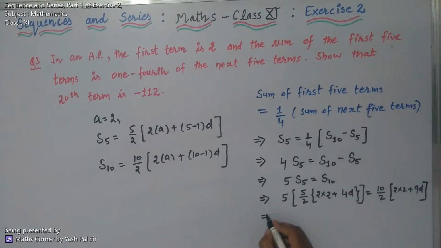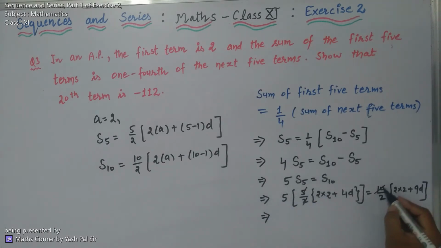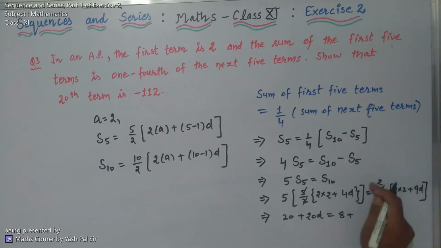So this becomes 5 by 2, and 2 is remaining. So we can calculate this now. 5 into 4, 20, plus 5 into 4, 20d, is equal to 2 into 4, 8, plus 9 into 2, 18d.